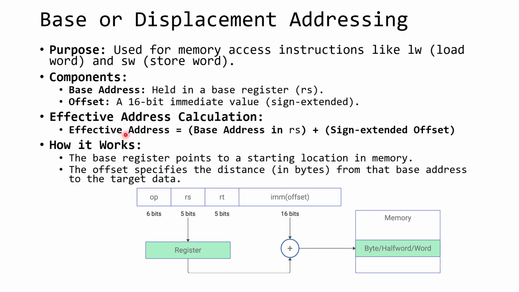To calculate the effective address, it requires the base address stored inside the RS plus the sign extended offset.